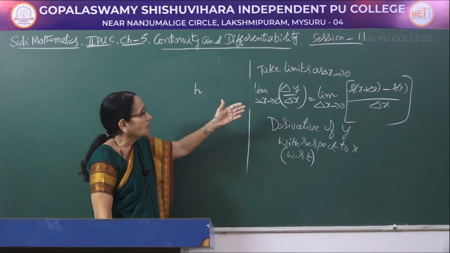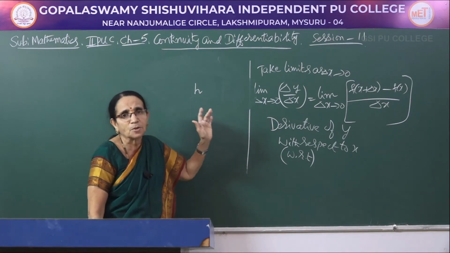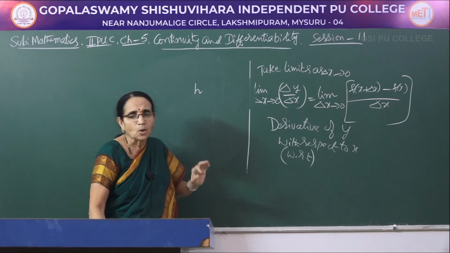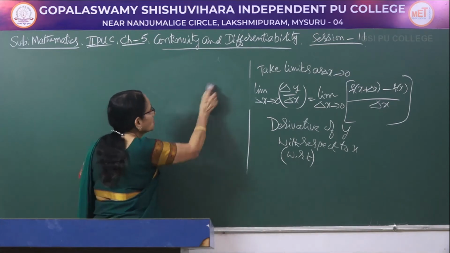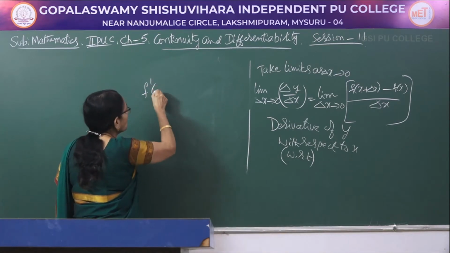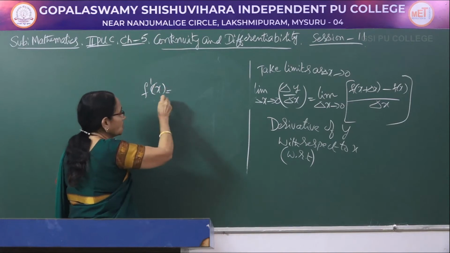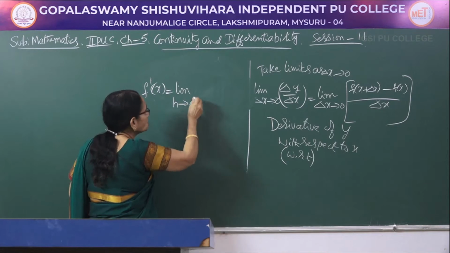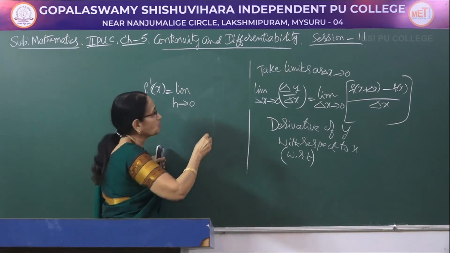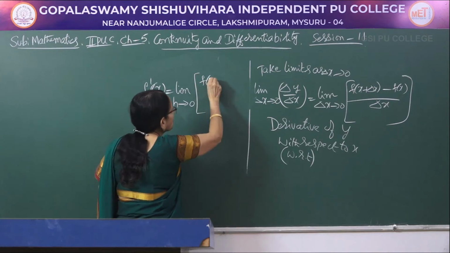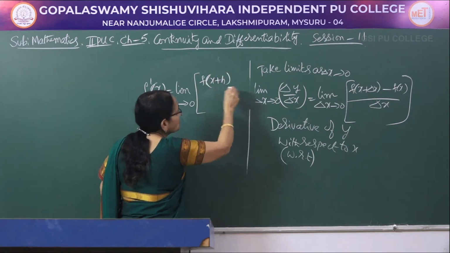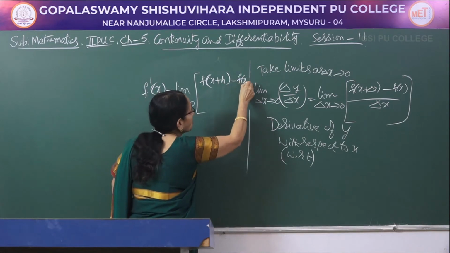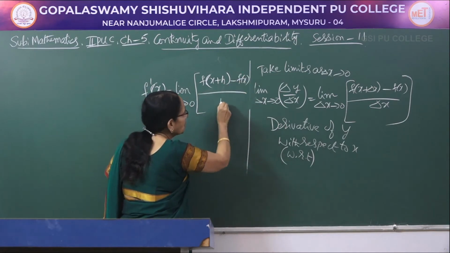So if delta x is replaced by h, where h is also a very small increase in the value of x, we get the formula to find the derivative as f dash x equal to limit h tending to 0 of f of x plus h minus f(x), whole thing divided by h, in the place of delta x.